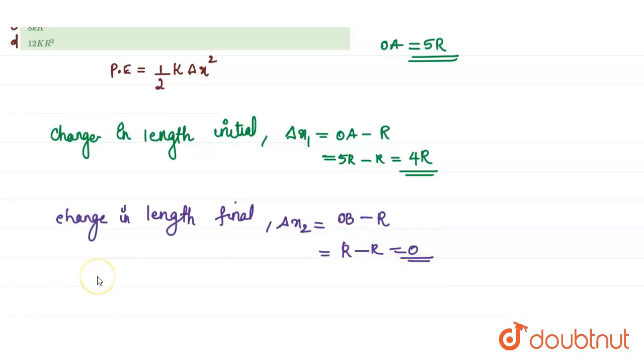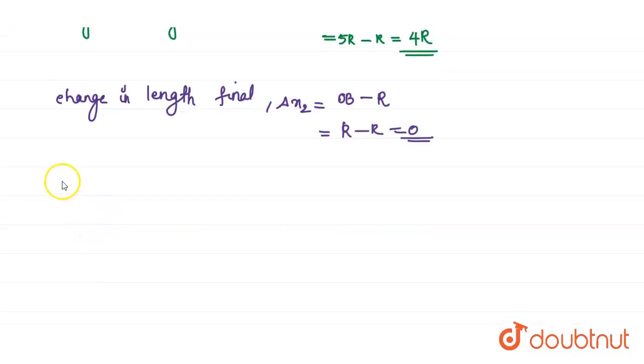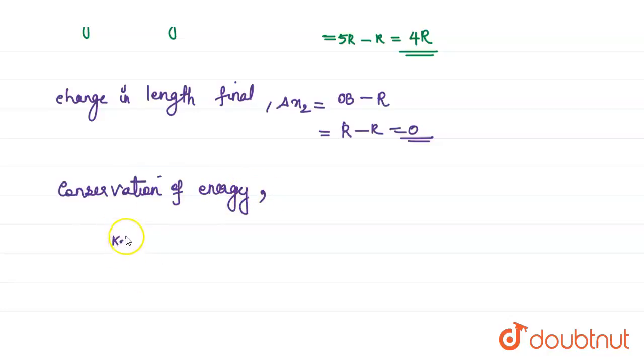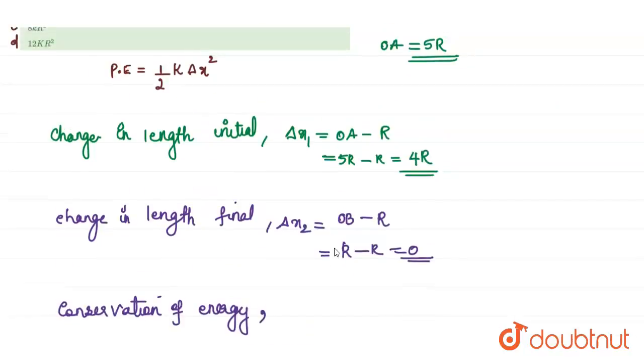Now we can apply conservation of energy. On applying conservation of energy, the equation is: initial kinetic energy plus initial potential energy equals final kinetic energy plus final potential energy.